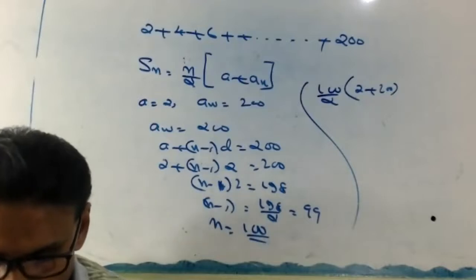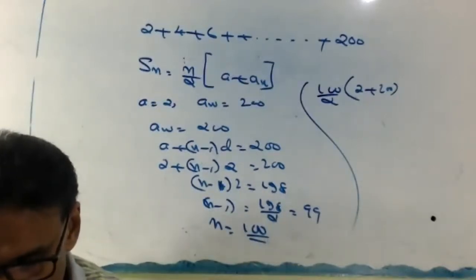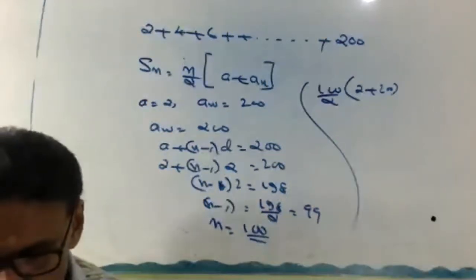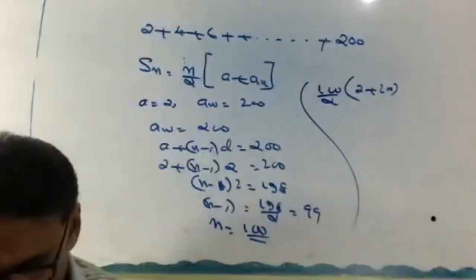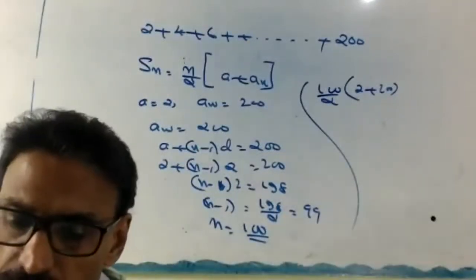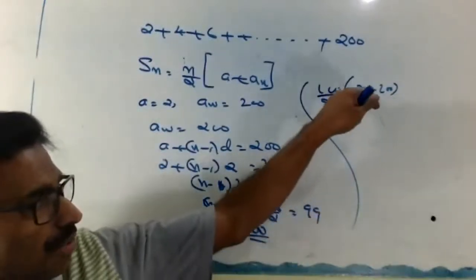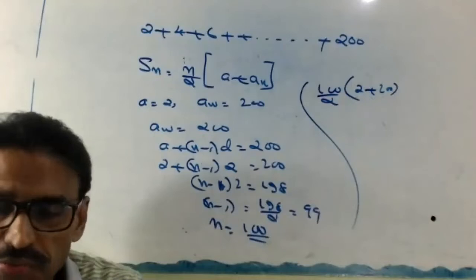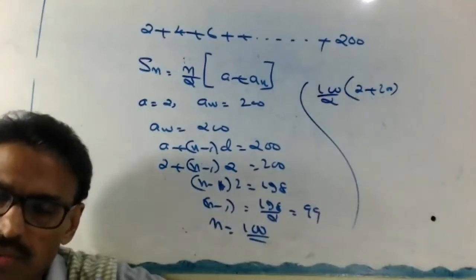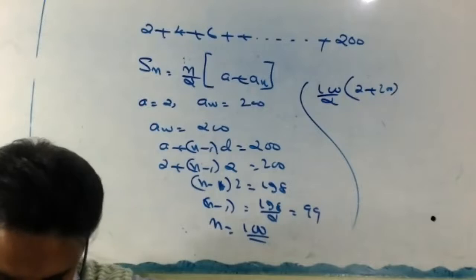Okay, so next question, right? Answer is 10100. Why are you asking me this doubt? 50 into 202. You find out. What's the answer? Okay. Next question.